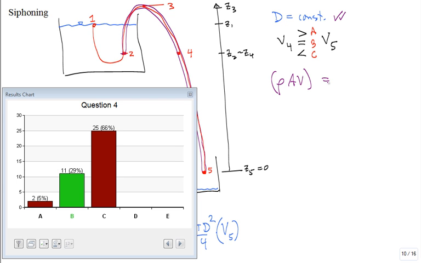The mass flow rate passing through each section of the tube from section 2 to section 3 to section 4 to section 5 is all the same, true? So the mass flow rate at 4 is rho A V at 5. The liquid's not changing density. The area isn't changing. The speed has to be the same.